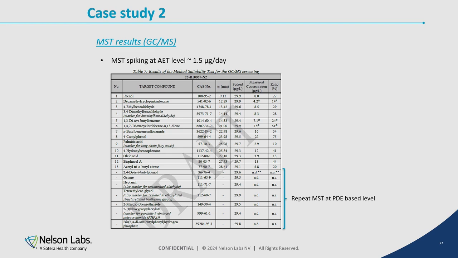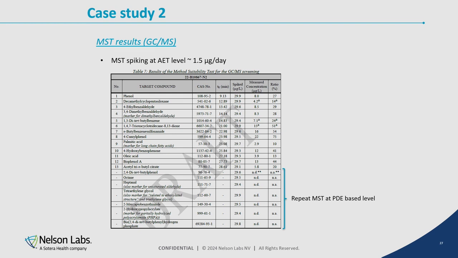That is not a problem, and we can easily determine a PDE for those compounds, because the original spiking level is typically based on the SCT of 1.5 micrograms per day. We can then define PDEs for all the compounds that we did not see in the initial method suitability test.